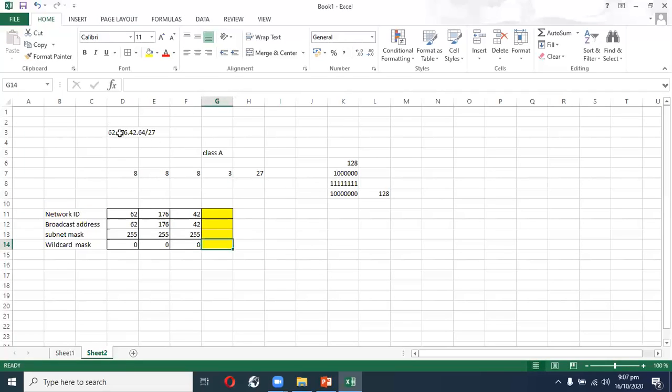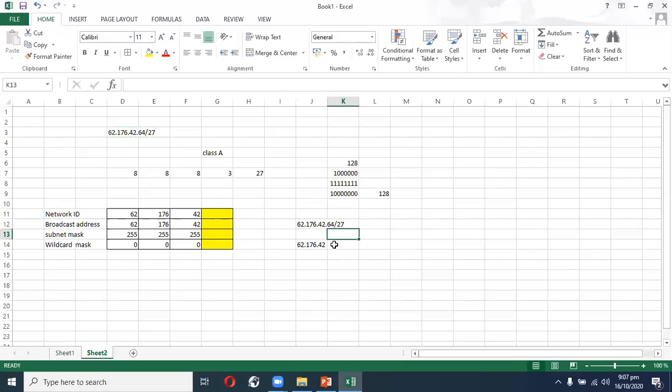Now we will write this equation. Just bring it here. Now 62 is the same, 62.176 is not changing, and 42 is not changing. The next is 3.